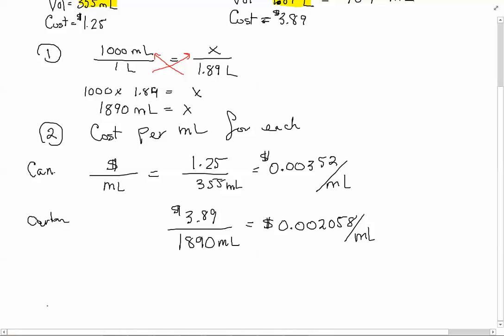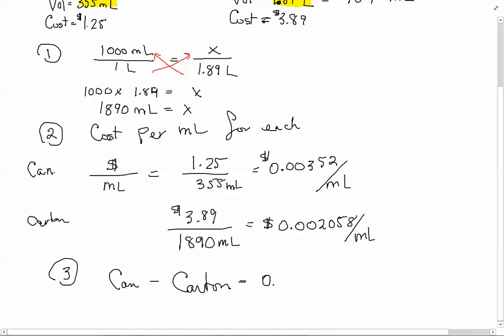Now we have the information we need to determine our savings, and to do that we're going to take the cost in a can and subtract the cost for a carton, and this is the cost per milliliter.